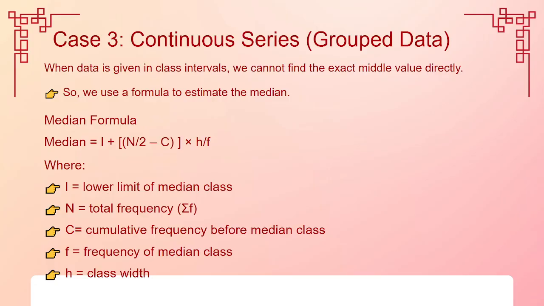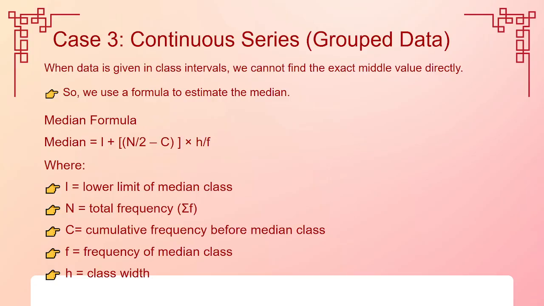Now let us find median in the case of continuous frequency distribution. As we discussed before, median is the value of the (n plus 1) by 2th observation. Let's see the steps to compute median in the case of continuous frequency distribution. First step is preparing the less than cumulative frequency distribution. Then finding n by 2. Then see the cumulative frequency just greater than n by 2.